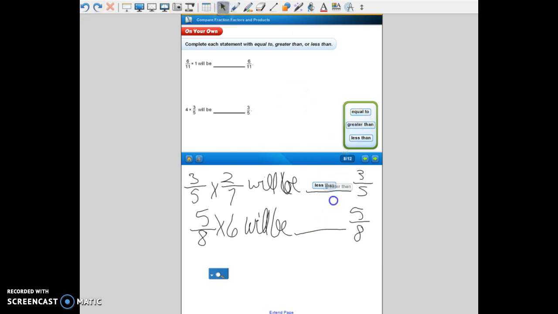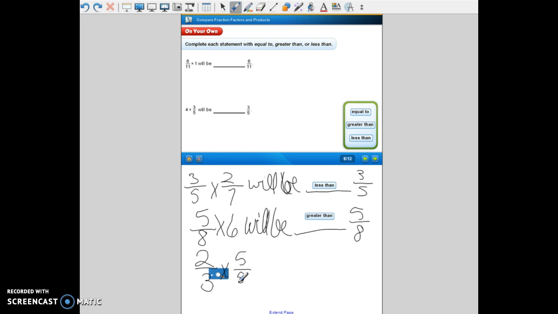Now let's look at number 4, 2/3 times 5/5. When we have a fraction where the numerator and the denominator are the same, what does that tell us? It's a whole, right?